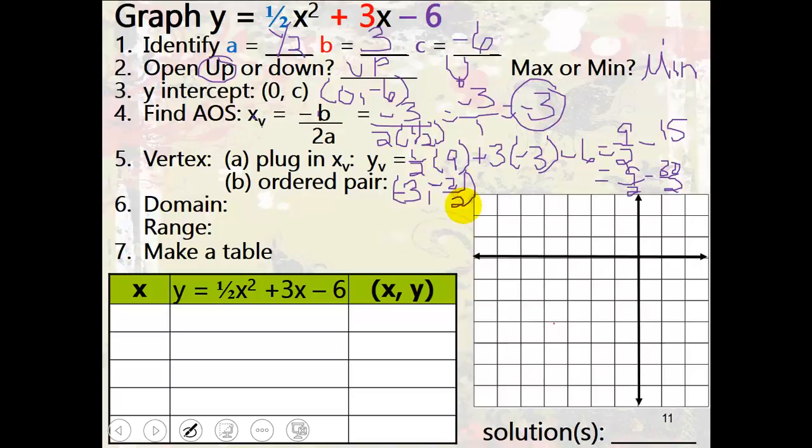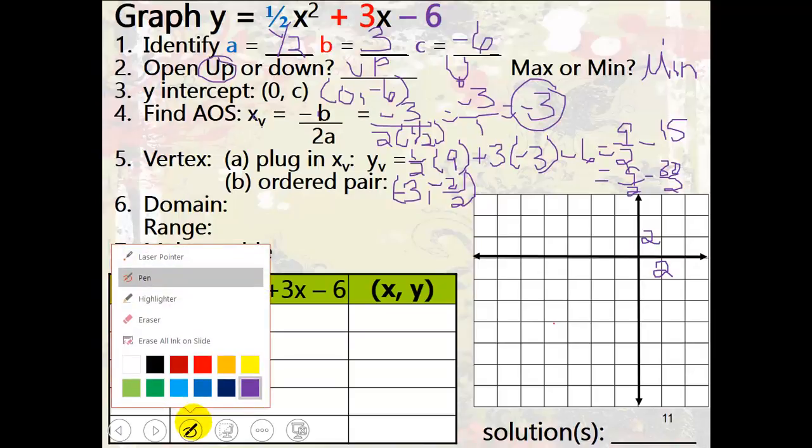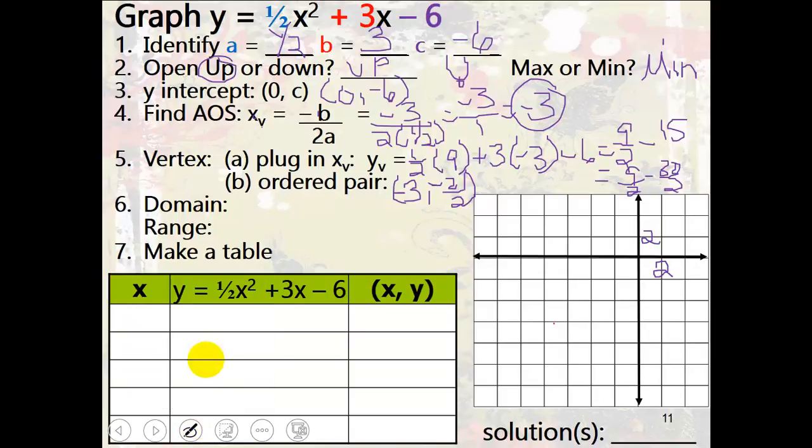So I'm going to use 2's here. This is a 2, and this is a 2. Okay, and then I'm going to draw my axis of symmetry in red, which is negative 3. So here is negative 2, negative 4. Here's negative 3. Don't worry about the solutions. We'll talk about that tomorrow.